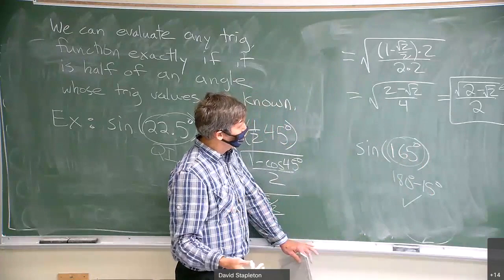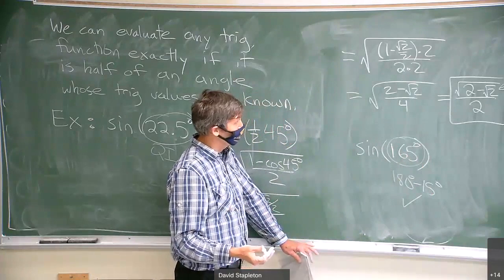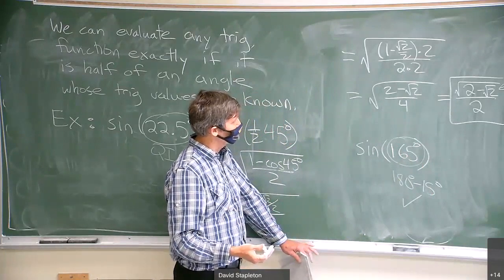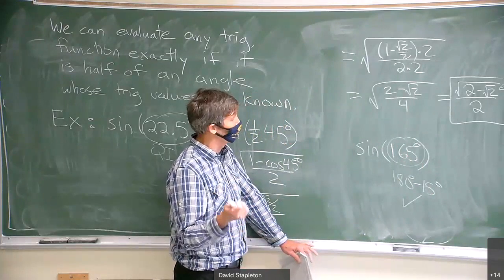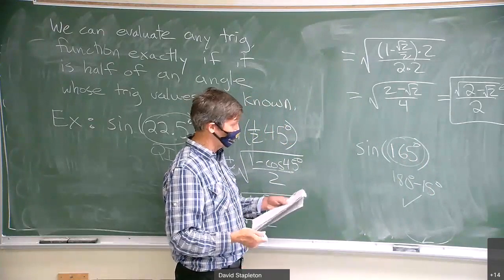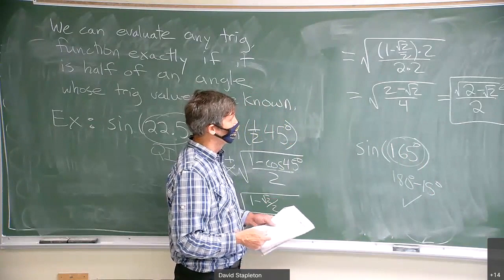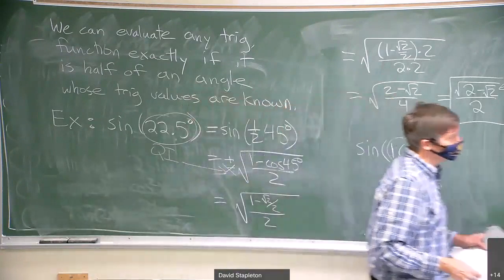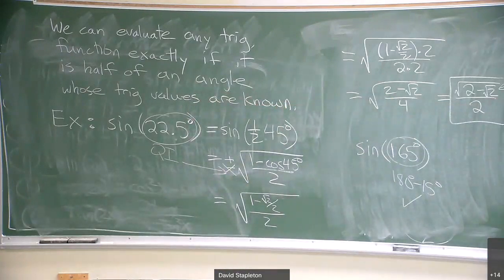I already know from the sum and difference identities that I can do this with a sum and difference identity, but let's do it a different way. Let's do it this time using the half angle identity.